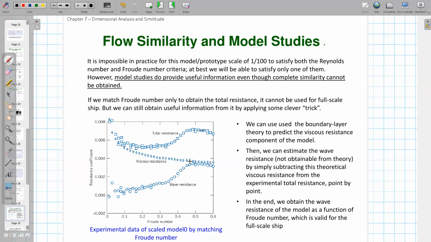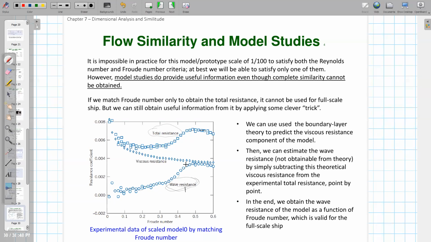Right? So what can we do? We need to apply some fixes, so that we can extract this wave resistance from the total resistance we measured from experimental data. Because this is the thing that is really useful for us, because we match the Froude number, right?